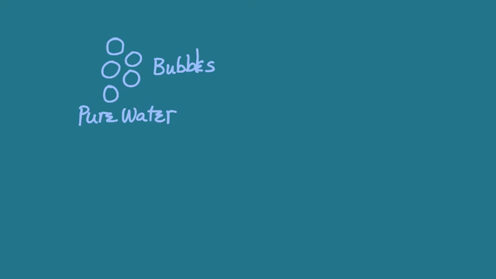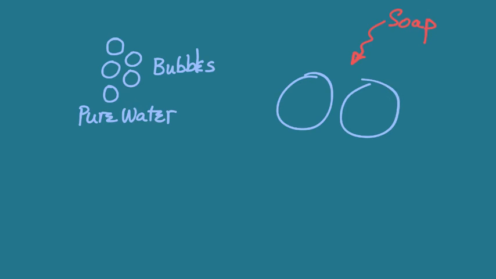If you were to use pure water to wash your clothes, they will just get rinsed, but they won't get cleaned. The reason is that water molecules like each other too much and they don't enter the fibers of your garment. However, if you were to add some soap, you create large bubbles.